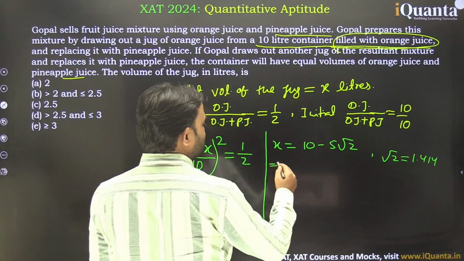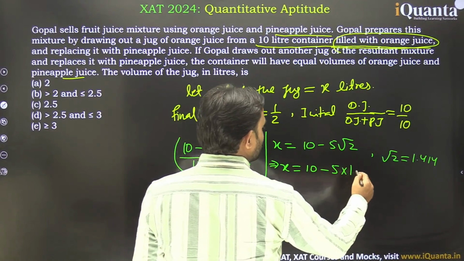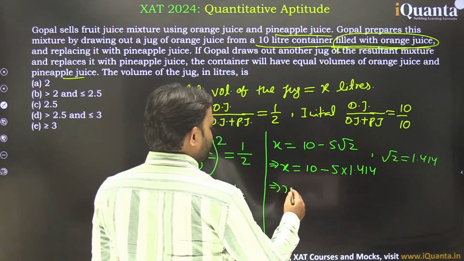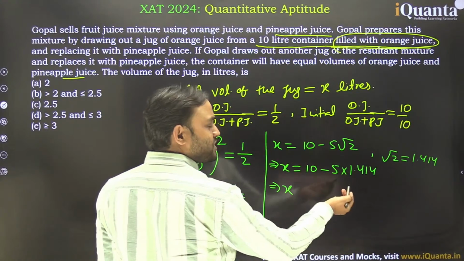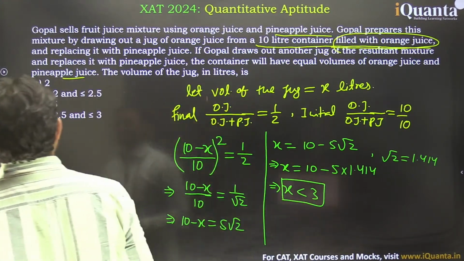So x will be equal to 10 minus 5 into 1.414. If this value were 1.4 exactly, x should be equal to 3, but now this will be less than 3. So x is less than 3.